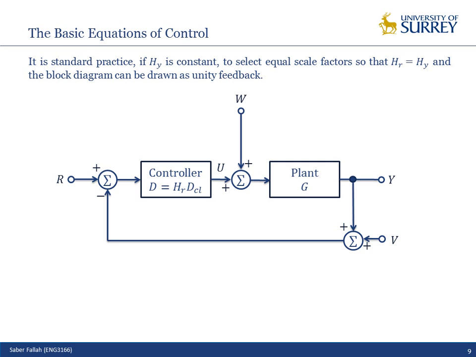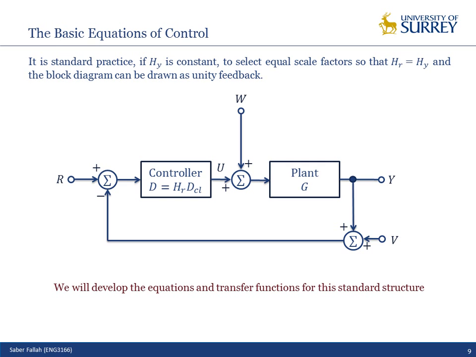And the controller will be HR times the closed-loop controller D. If HR is 1, which is not the case, D will be equal to the closed-loop D, and we have plant G. In this lecture, just in this lecture, I will develop the equations and transfer functions for this standard unit feedback system.